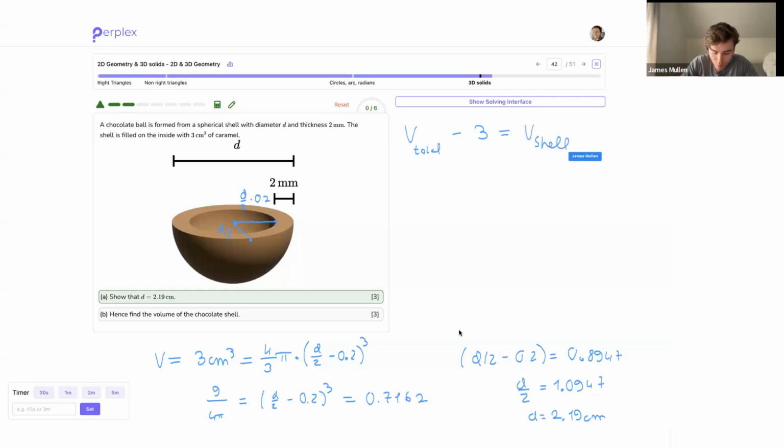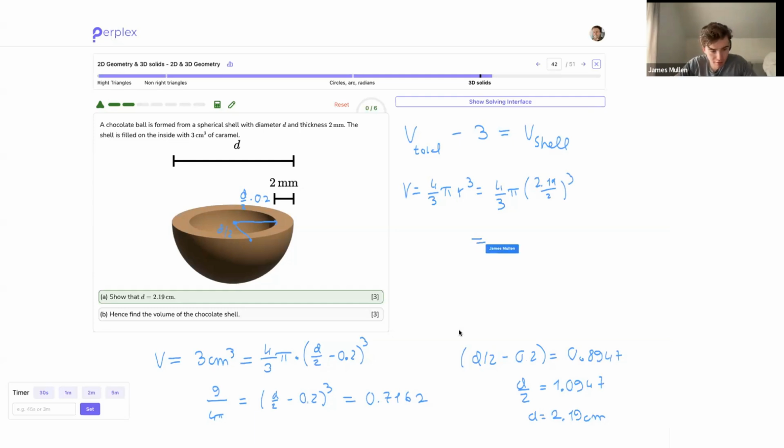All right, and V total is, well, I have a d of 2.19. So V is equal to 4 over 3 pi r cubed, which is 4 over 3 pi times 2.19 over 2, cubed. Let's calculate that. Let's divide the number 2.19 by 2, and then cube it, and then multiply by 4, divide by 3, and multiply by pi.